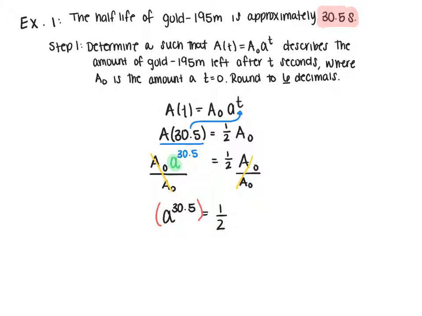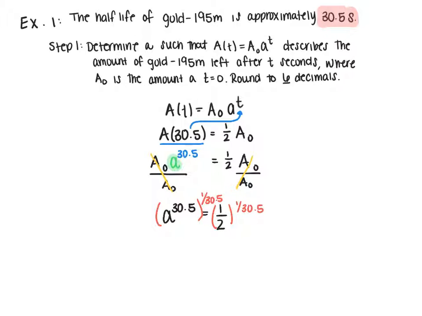If I want to get rid of an exponent, I can multiply the exponent by its reciprocal. The reciprocal of 30.5 is going to be 1 over 30.5. And if I do that on the left, I have to do that on the right.